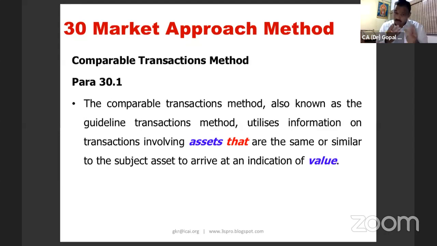Some of the data are available free of cost, but is it a dependable one? Sometimes data will be primary data and sometimes secondary data. That means the data which has been digested, average data and all, they will put it.